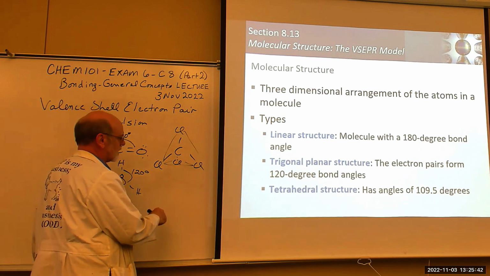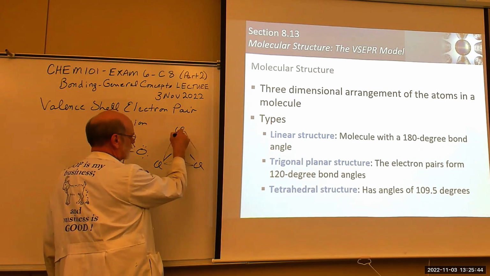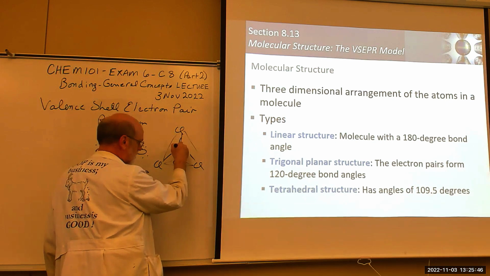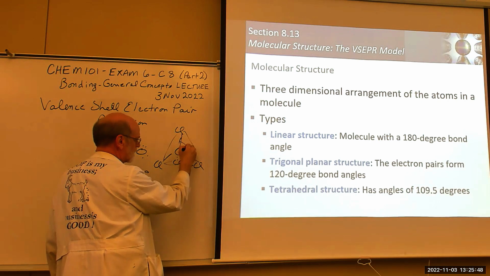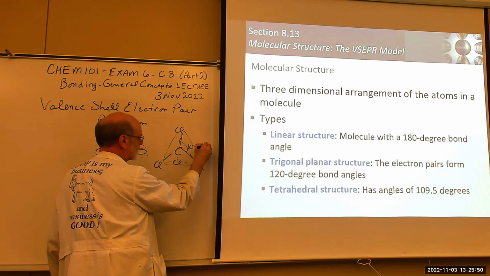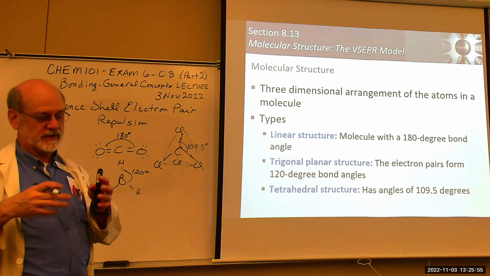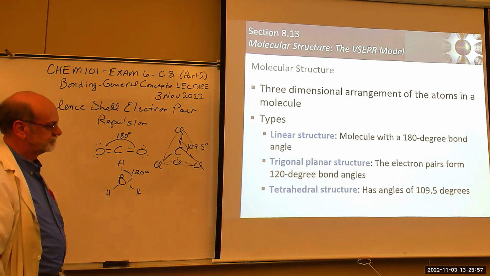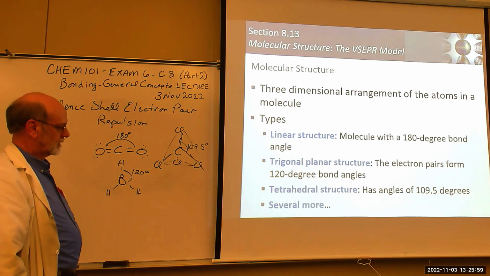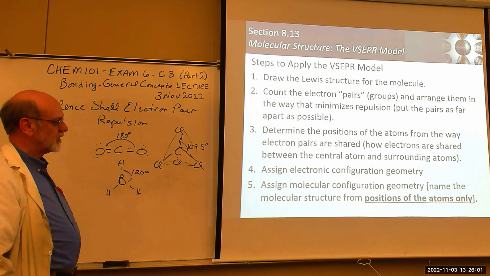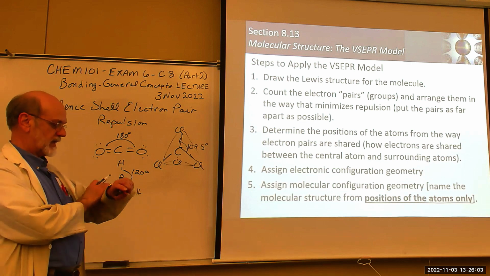And the bond angle here, you just have to memorize it, right? The bond angle there to a carbon is 109.5 degrees. That's really the only one you have to memorize. The rest of them are fairly obvious. There are others, and we'll talk about them in a minute, assuming I have time.